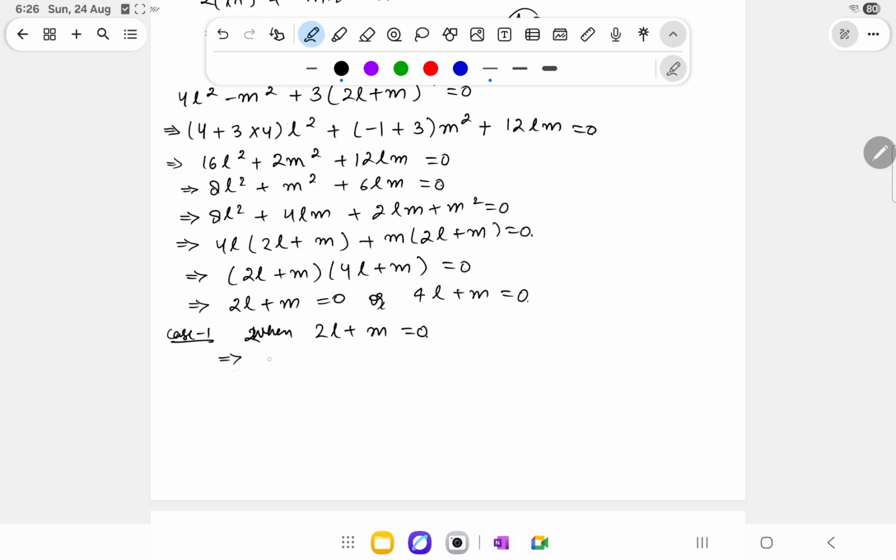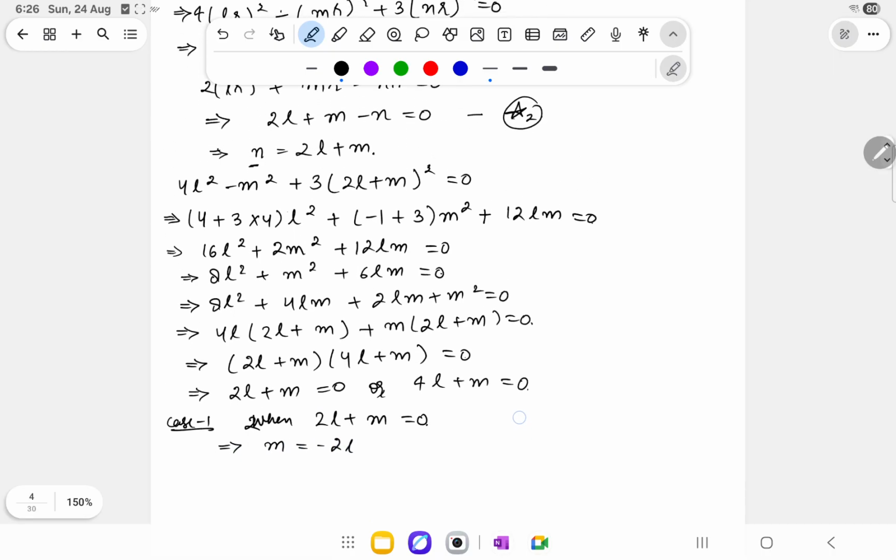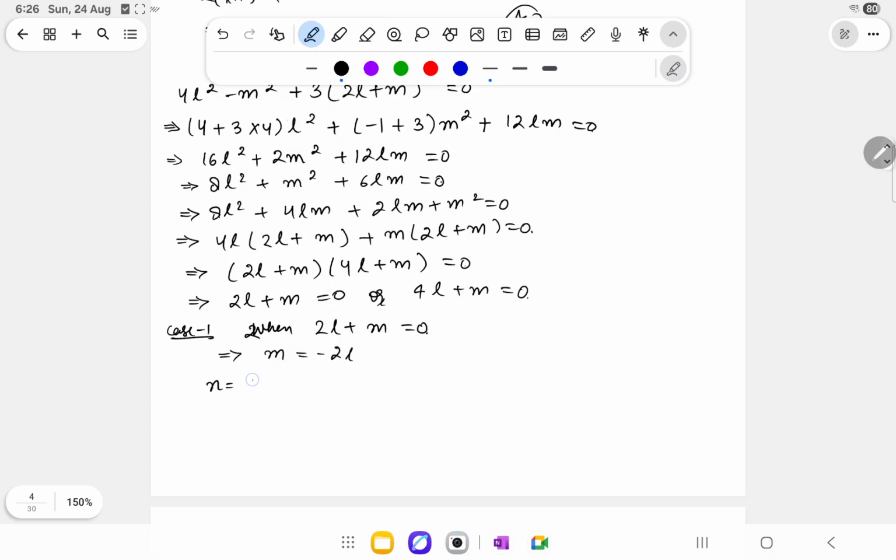From here I got m as minus 2l, and n is basically 2l plus m, so n is 2l minus 2l, which is 0. So my n is 0. The direction ratios of this line will be l by 1 equals to m by minus 2 equals to n by 0.